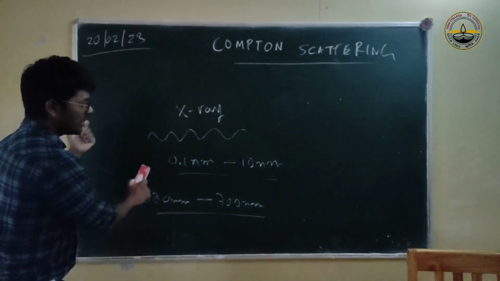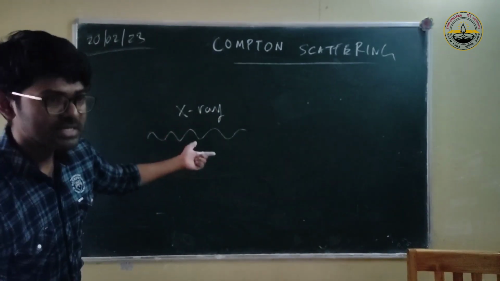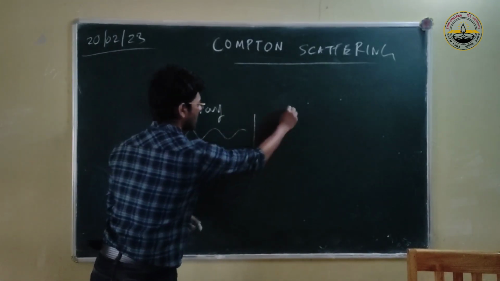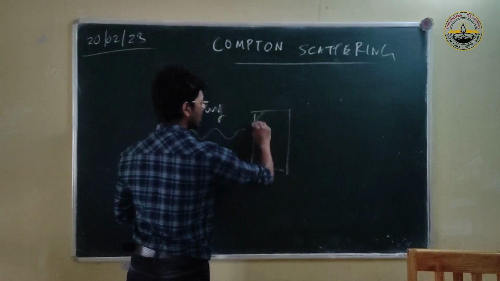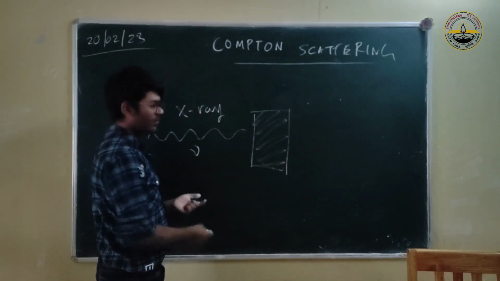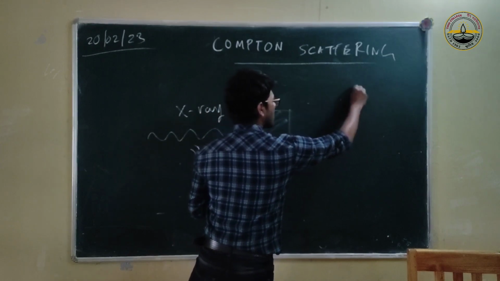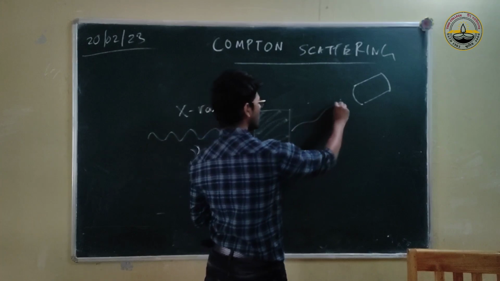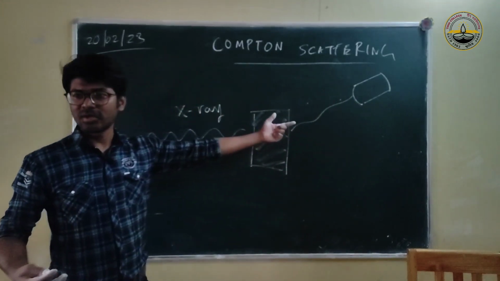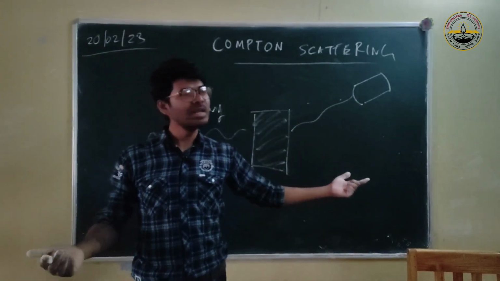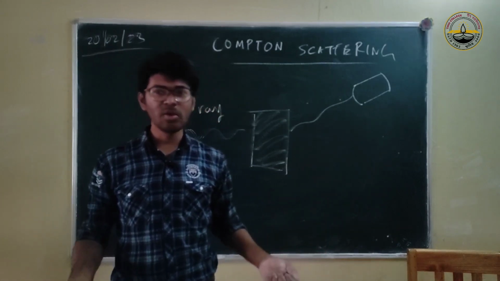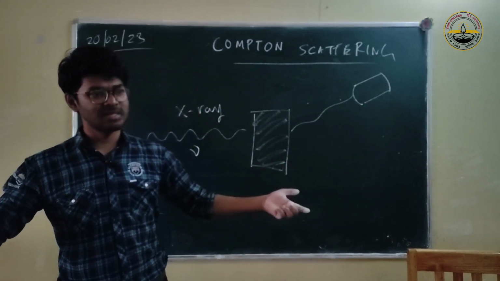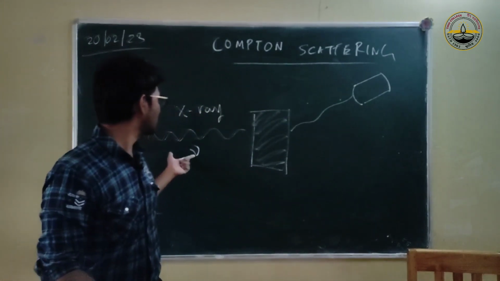Okay, so he sent an X-ray with some wavelength or frequency through some material, and he saw with some detector that some X-rays were coming out with slightly lower frequency, slightly lower energy. Actually roughly 10% less than the original frequency.